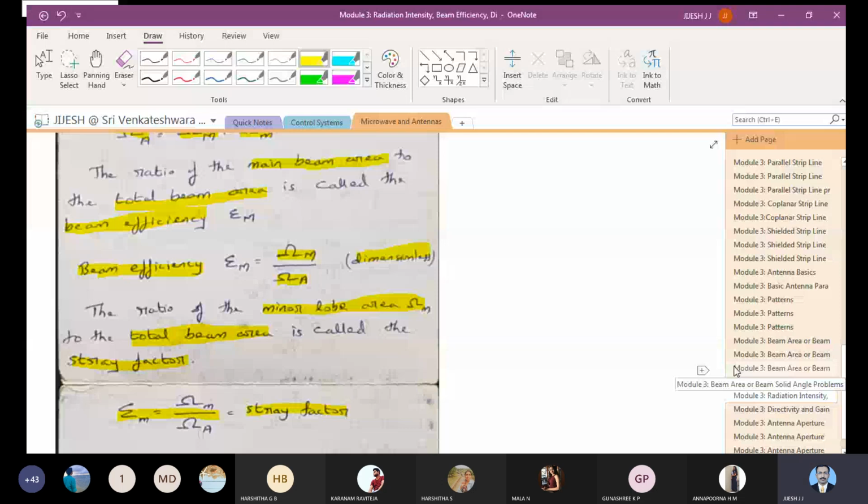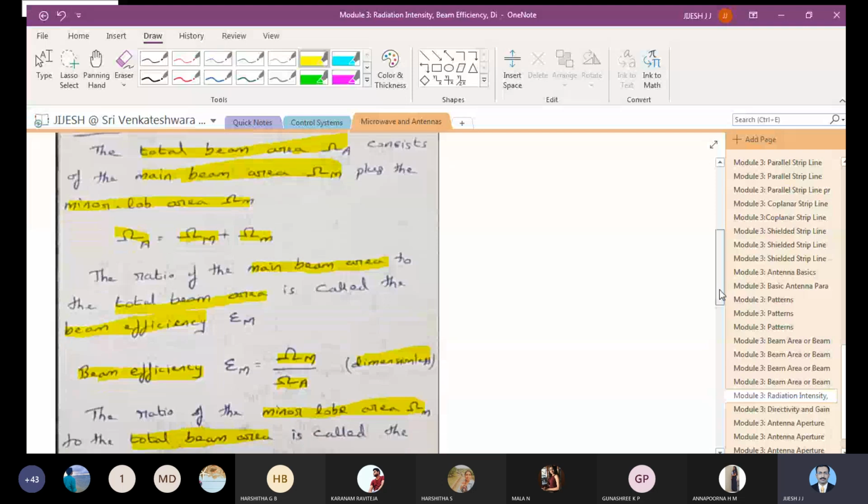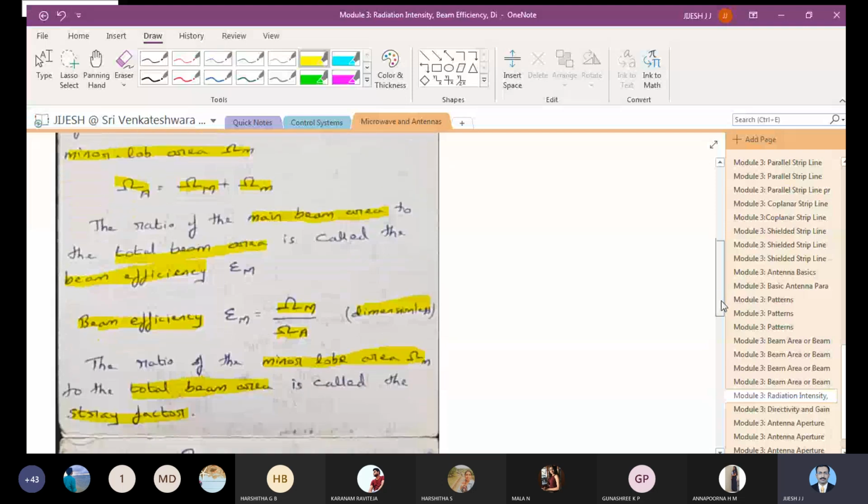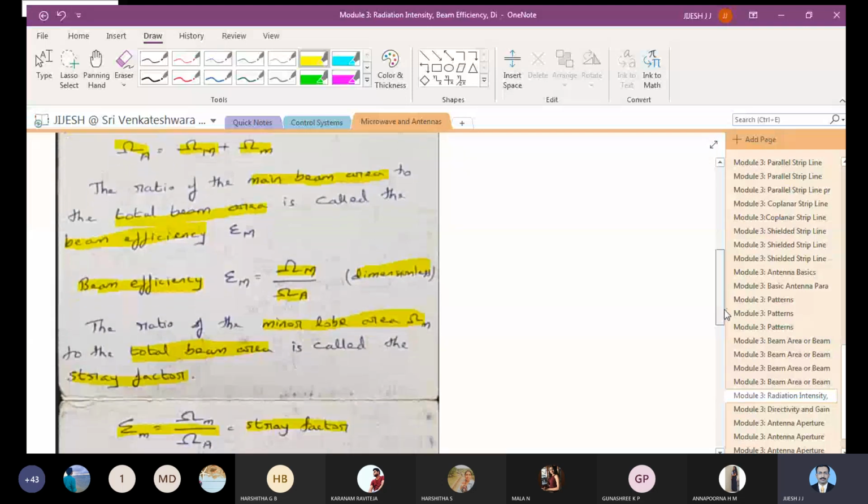So you can just note down these equations. Omega A equals omega capital M plus omega small letter m, and beam efficiency is given as omega capital M divided by omega A, that is the ratio of main beam area to total beam area.